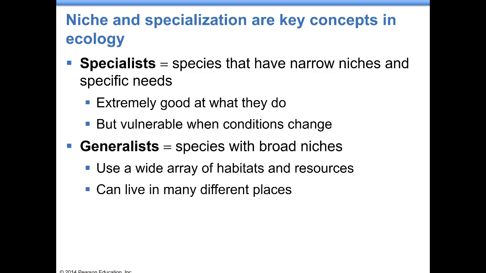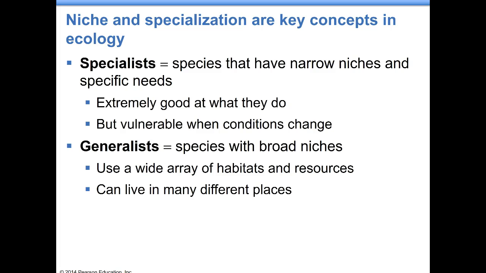Okay, so we were talking about specialists, and they're very good at what they do, but they're very vulnerable when conditions change. The honeycreepers that we were talking about at the beginning of this chapter would be considered specialists, and when their environment changed, their numbers dropped drastically.